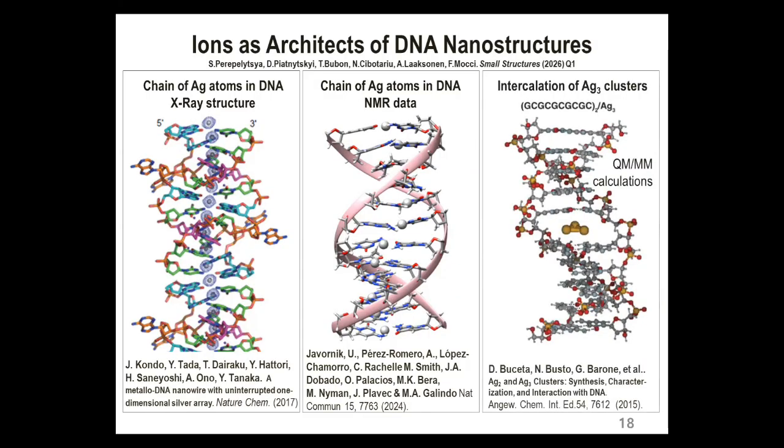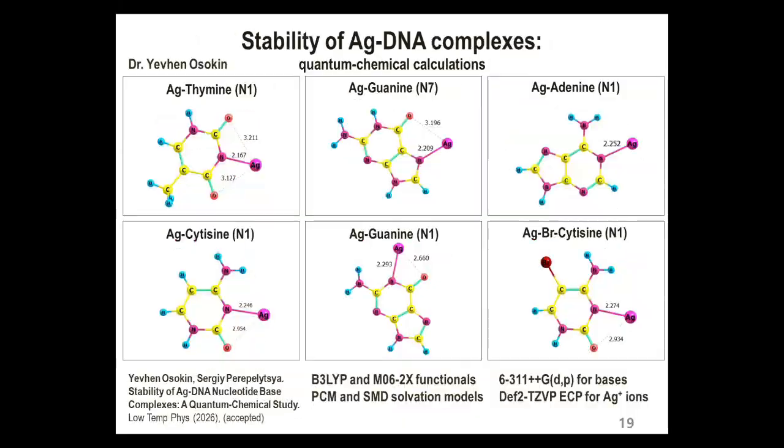And a little bit of another story about metallization is that it is possible to expect that metal clusters can be embedded, intercalated inside DNA, and this is also a very interesting story. So to understand the stability of the system, we have calculated the complexes of argentum ions with different nucleotides, thymine, guanine, adenine, cytosine, in different positions.